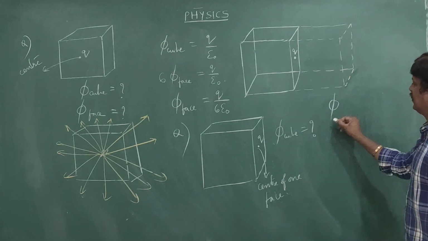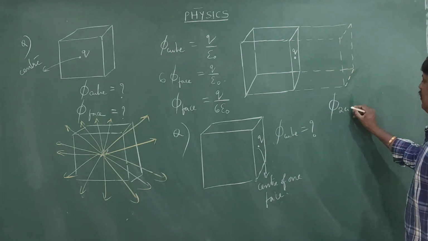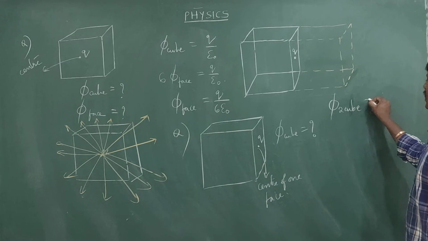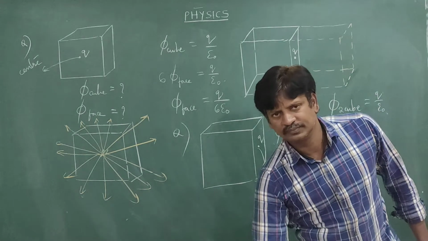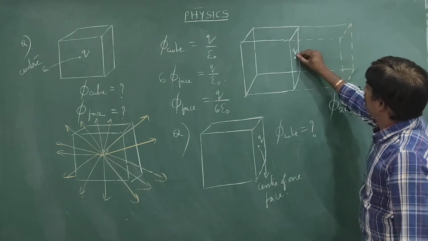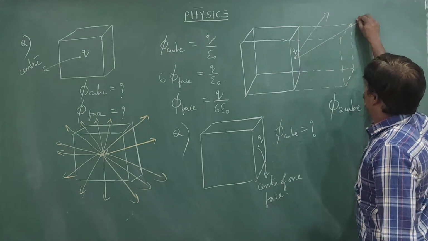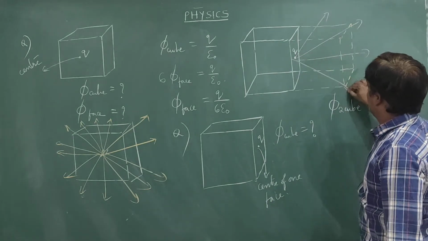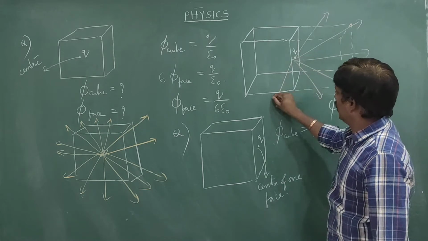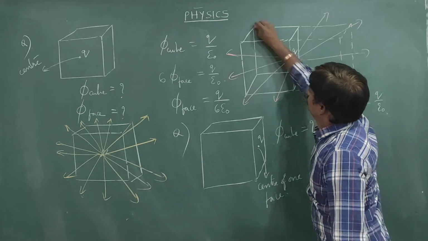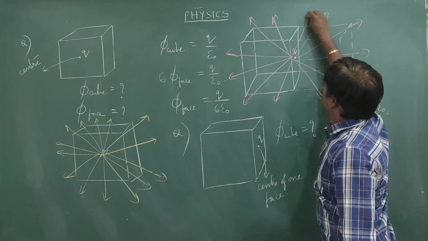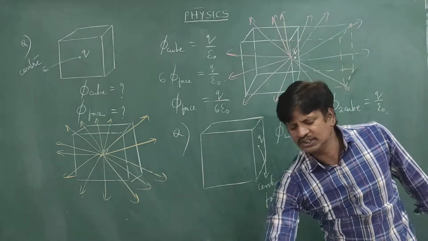So flux through two cubes is equal to Q by epsilon. Right? If it is a positive charge, the electric field lines will go through both the cubes like this. Will you agree with that? So lines will go this way.